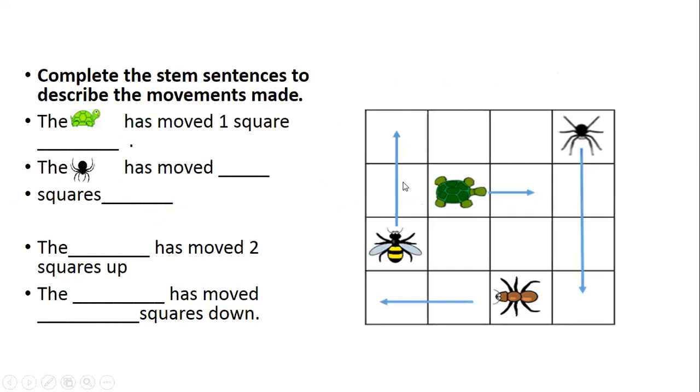So we are going to use this graph here to answer the questions here. Now, on this graph, we have certain insects and animals on it. So we have the spider here, the tortoise here, or the turtle. It looks like a turtle. The bee here, and then the ants.